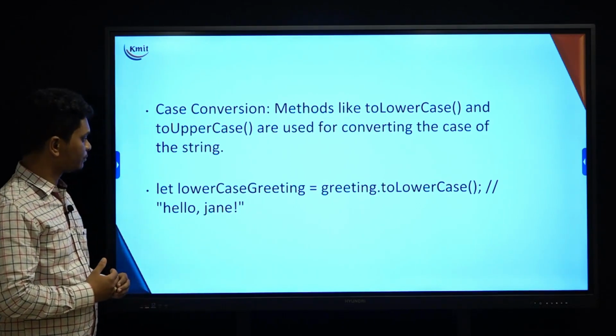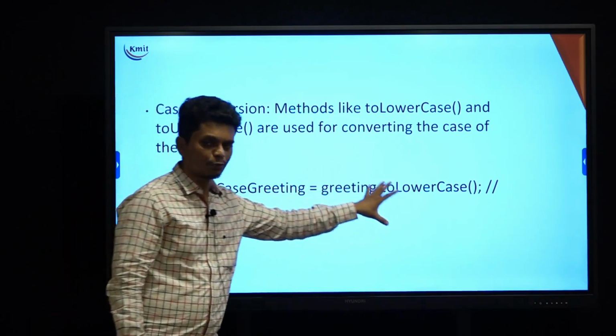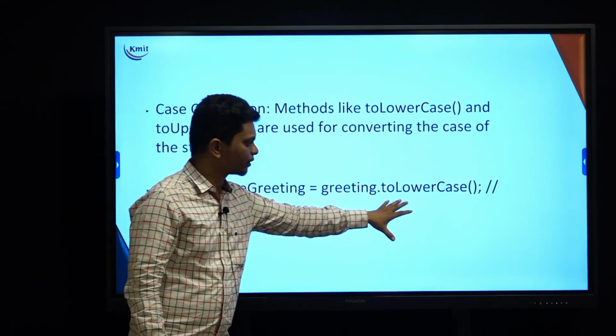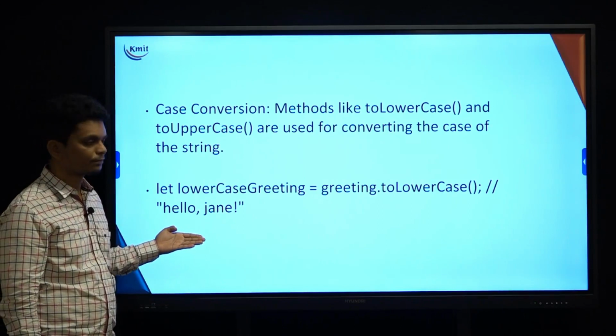Here is an example. Let lowercase greeting be a variable to which I am assigning this portion. Greeting dot toLowerCase is being assigned to lowercase greeting, and here is the output.